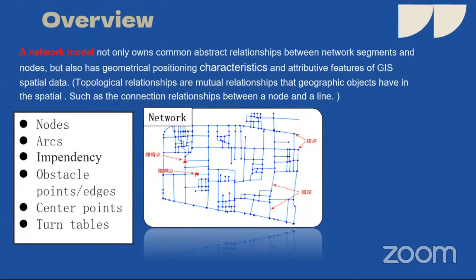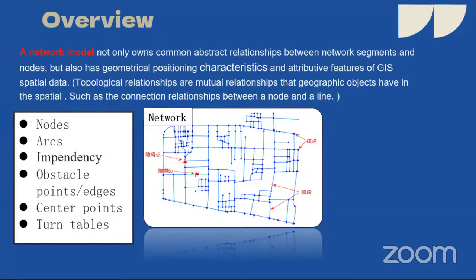Okay, so as shown in the figure above, the network not only has the abstract topological relationship between arcs and nodes, it also has the geometric location feature and geographic attribute features of GIS spatial data, including the topological relationship and cross correlation between geographic objects in spatial location.